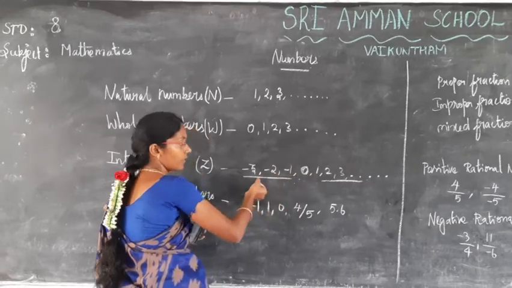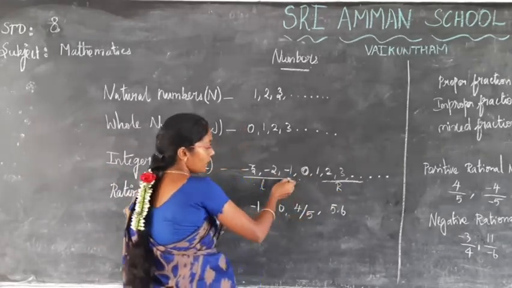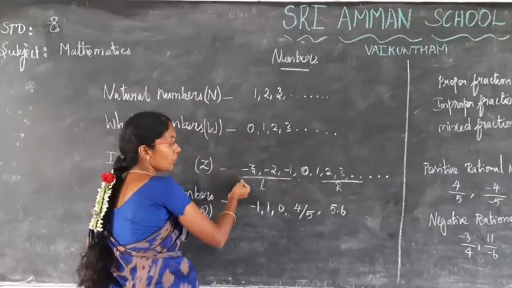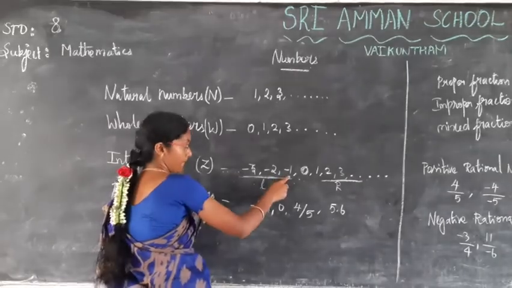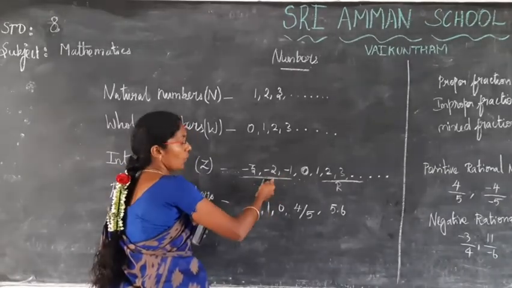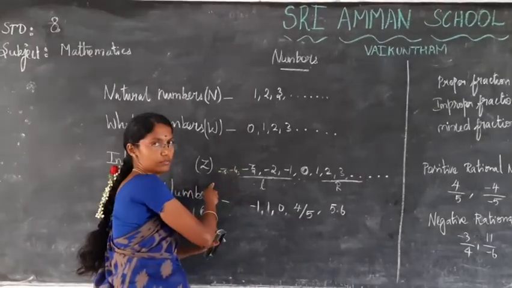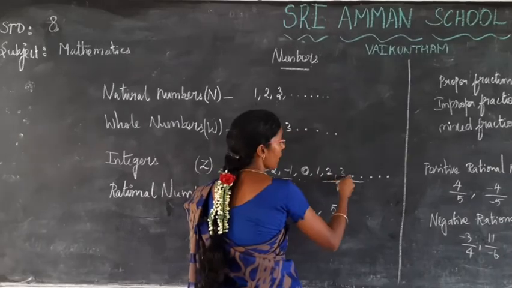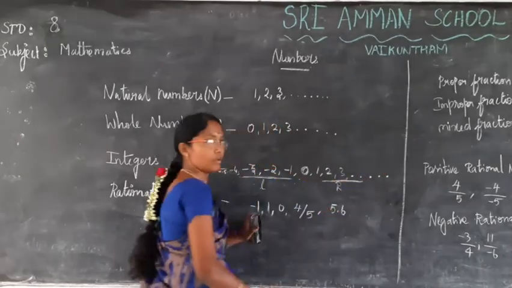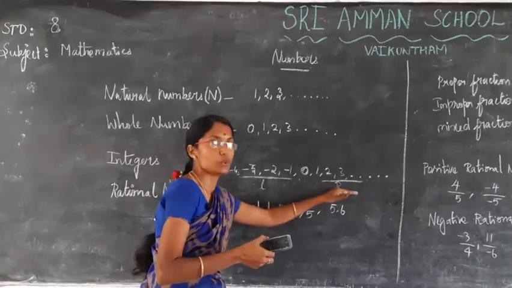The left side of 0 includes negative integers: -1, -2, -3, -4, -5 and it goes on. On the right side: 1, 2, 3, 4, 5 and it goes on. So integers include both negative and positive numbers.